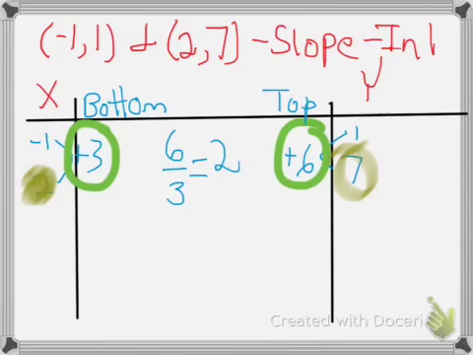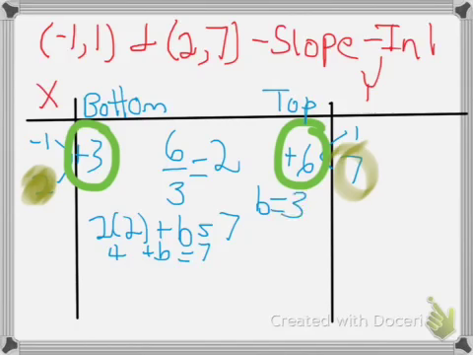And so I'm going to say 2 times 2 plus some number equals 7. And when I do that, I get 4 plus b equals 7. Well, if 4 plus b is equal to 7, my b has to equal 3.